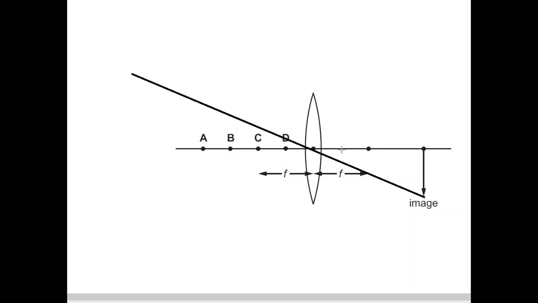Okay, the other ray should pass through the focal length point, and then it would be straight, parallel to the principal axis.